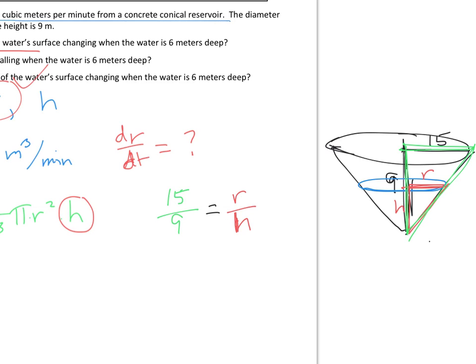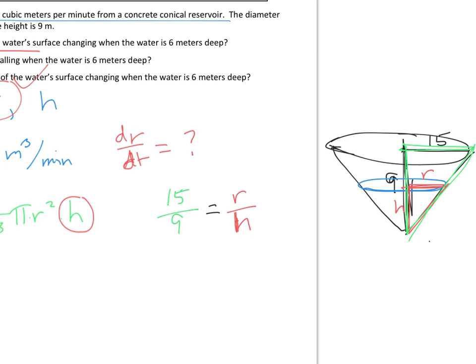So whatever my radius and my height is, it has to be equal to the ratio of 15 over 9. Now, there are other ways you could have done this. Just a quick recall from prior years of math. You could have related the two radii, 15 over r equals 9 over h, as long as you're matching them up in the correct order. So if you had a different thought, that's totally fine.